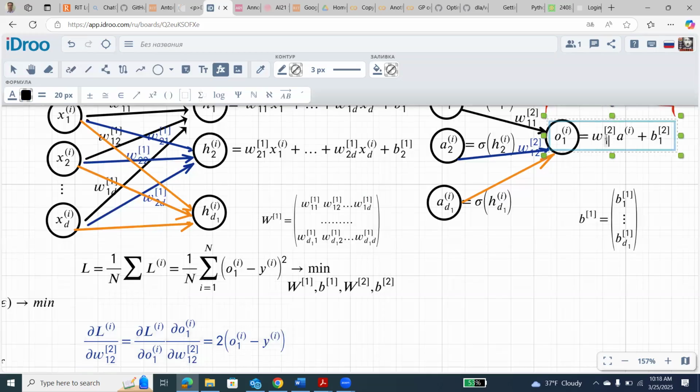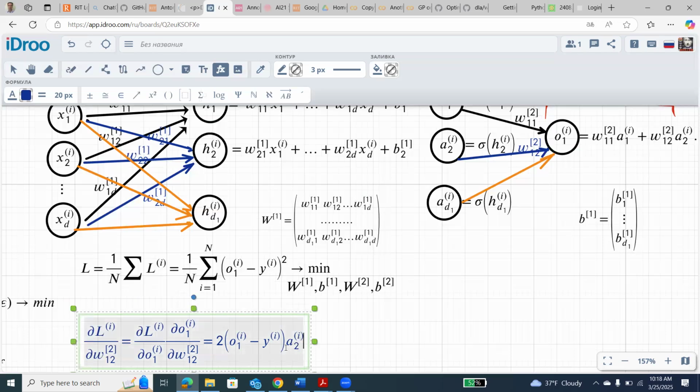If we write this more explicitly, it's 1 times A1 plus 1 times A2. So what is the derivative of O with respect to W12? A2. And that's it. A2 times A2.